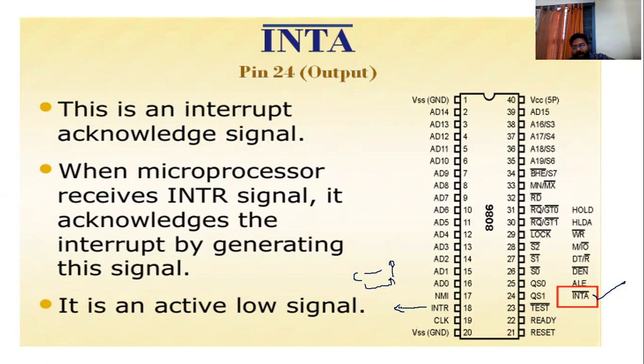At that time you generate the interrupt request signal. So when that request is accepted by the printer, at that time it sends the interrupt acknowledgement signal, meaning I am ready to stop that process and print the other pages. Likewise, I am telling you some example. So for that purpose we are using the interrupt acknowledgement signal.